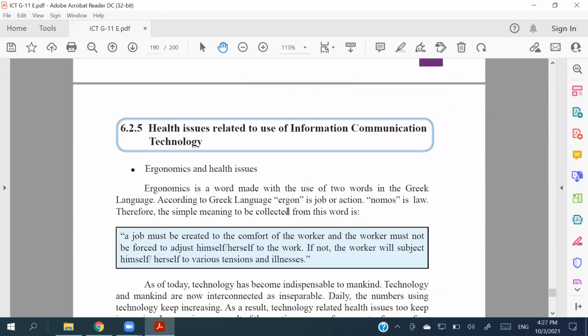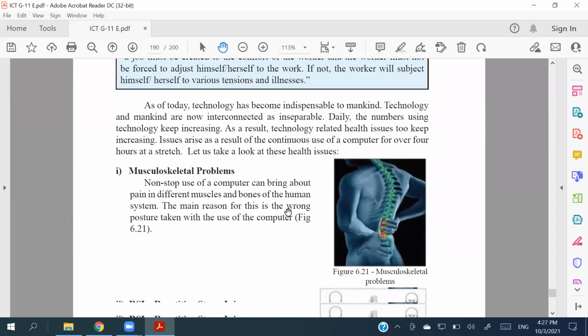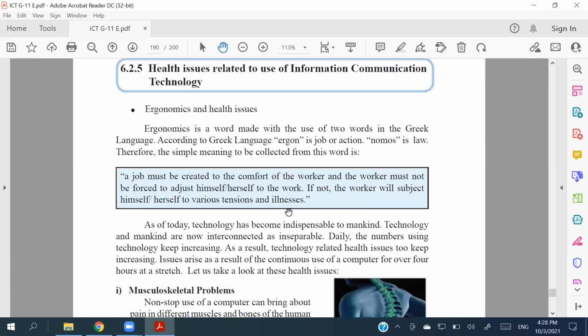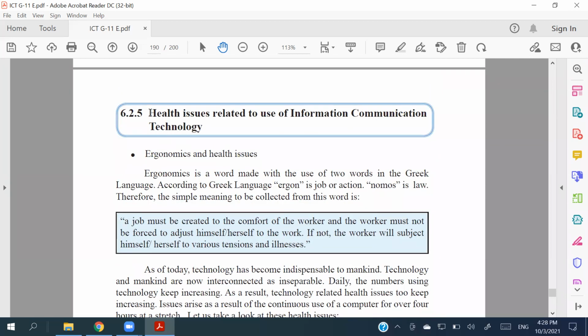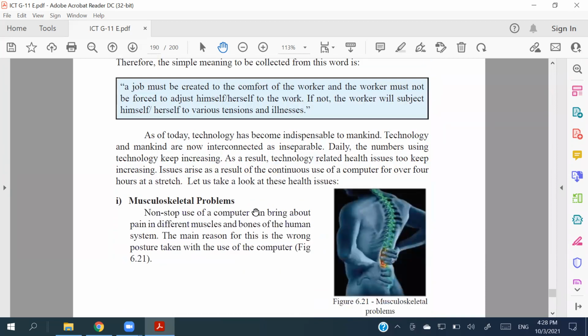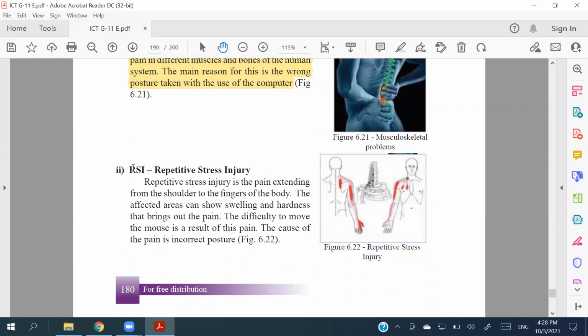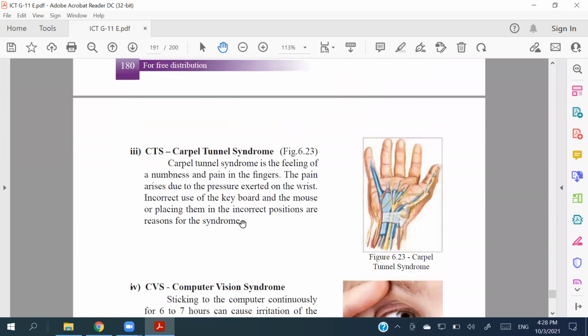Regarding the health issues, you really don't need to write a lot of things. So have the heading and this little description. Each and every one has its own description, so please copy it down, because those are not very big descriptions.